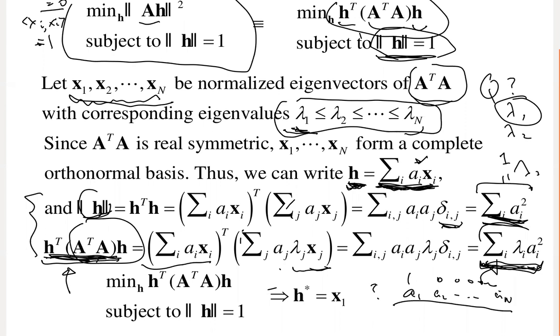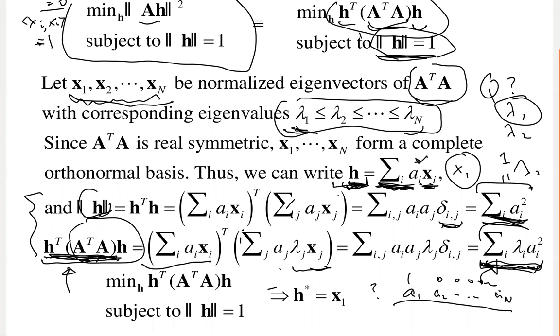My best h is therefore just equal to x1, and x1 is the eigenvector of A transpose A with the minimum eigenvalue. So that's basically the solution.